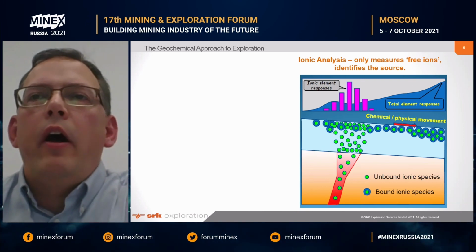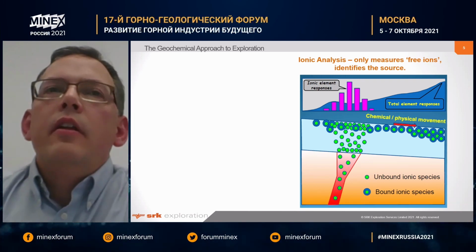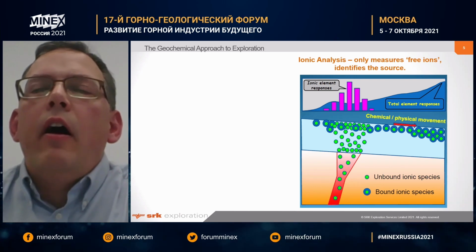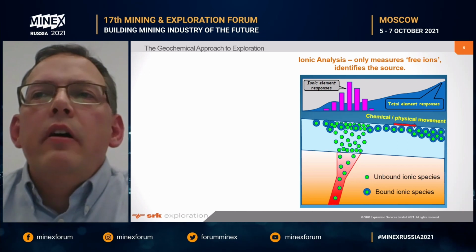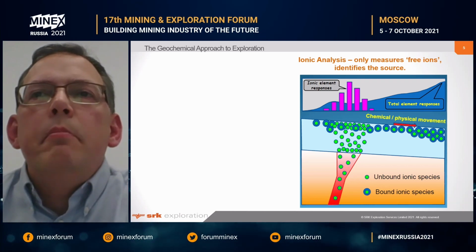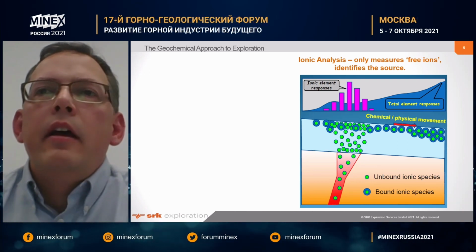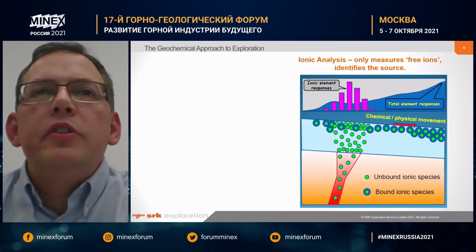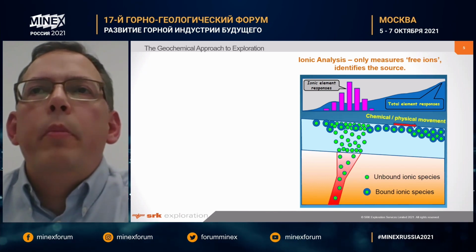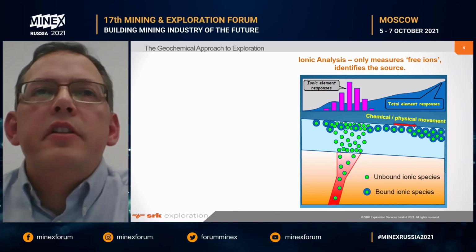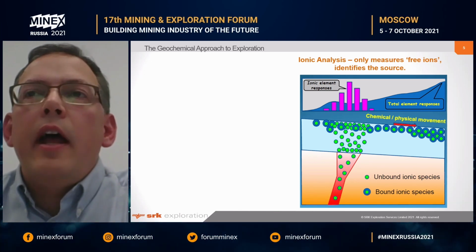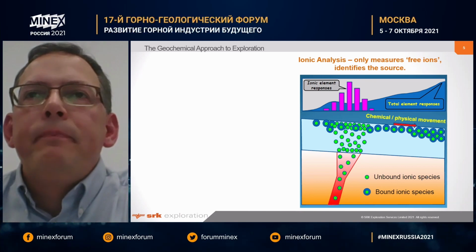the diagram on the right indicates the principle of ionic leach geochemistry, that unbound ionic species migrate directly above the source of a concealed ore body, which are then gradually over time converted to compounds, and these may migrate elsewhere.